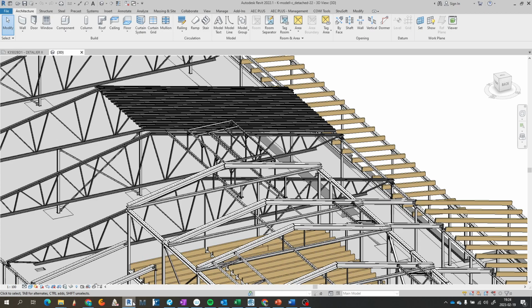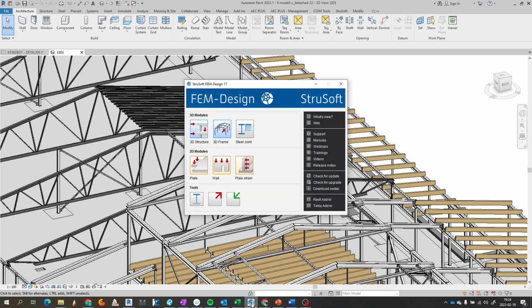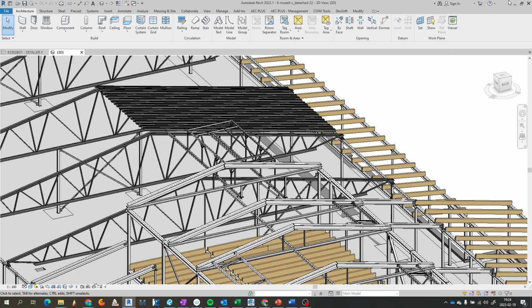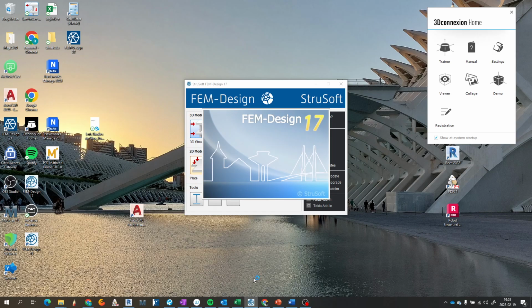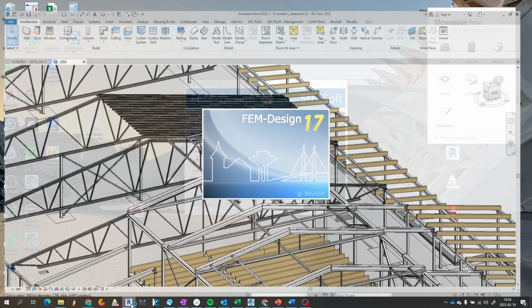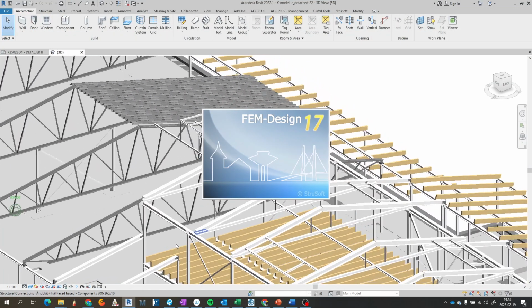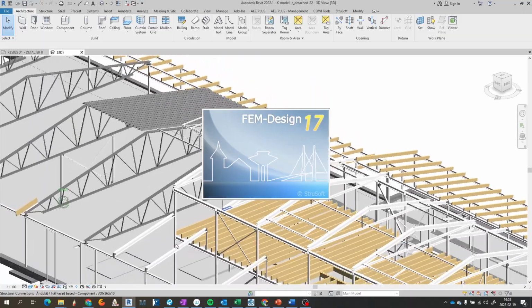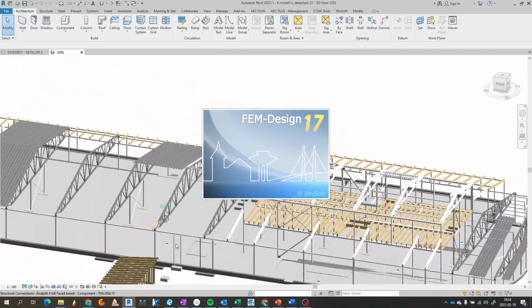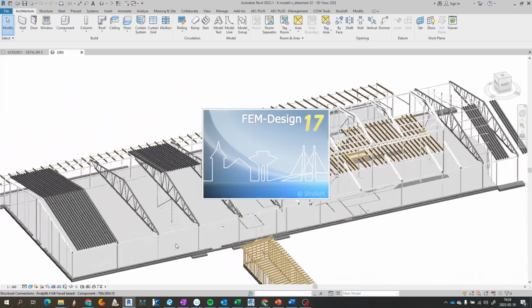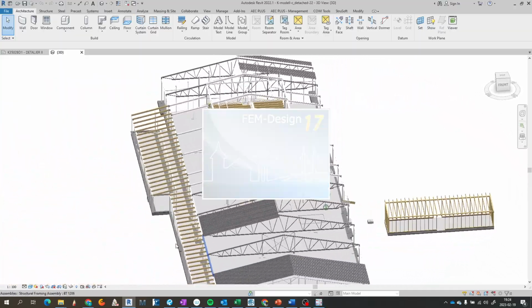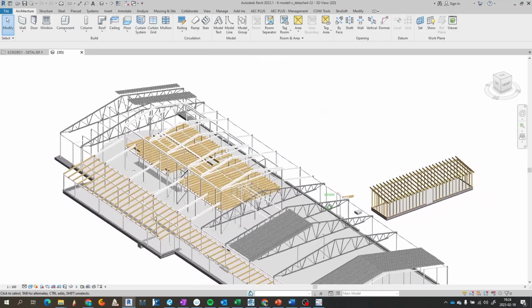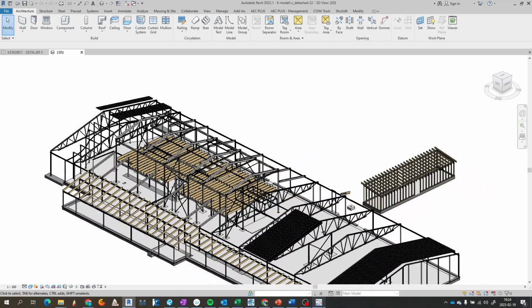In my case, the calculation tool that I am using right now, I need to open, of course. Until this is open, we can look at a little more of this building. It's coming. So some patience is very good.